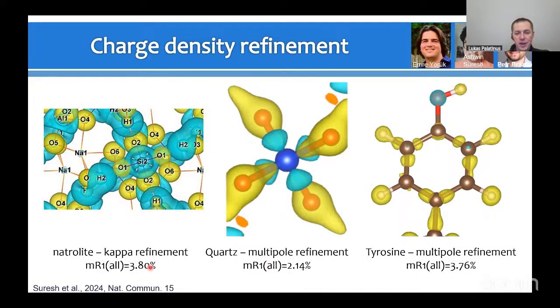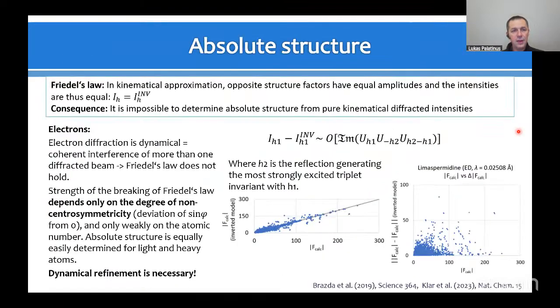And here you see the R factors. So if everything works fine, we can really get to R factors that are perfectly comparable with values obtained in X-ray diffraction. And finally, a very important aspect is absolute structure.